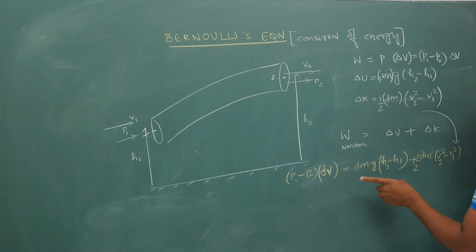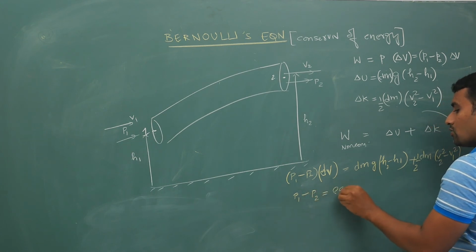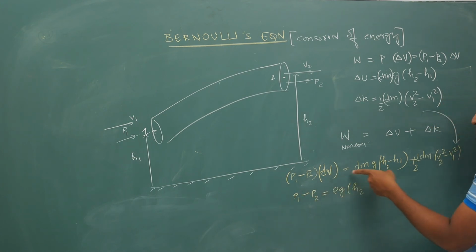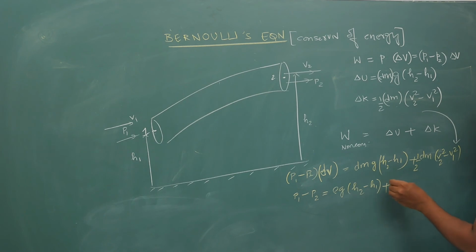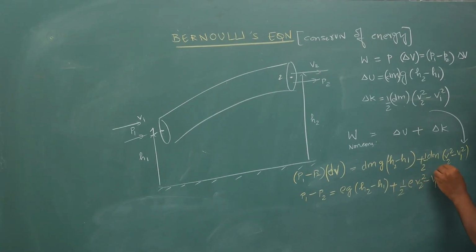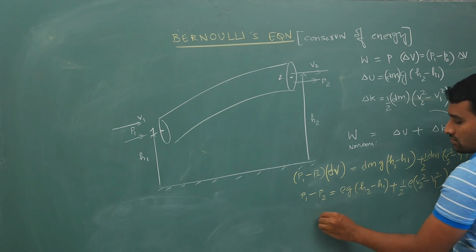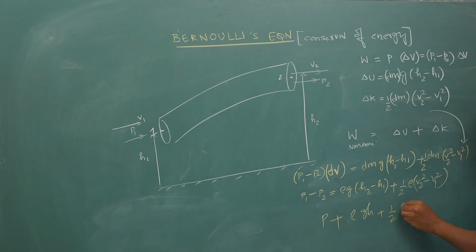Bring dV to this side: P1 minus P2 is rho g into h2 minus h1, since dm by dV is density, plus half rho into v2 square minus v1 square. Rearranging, you will get P plus rho g h plus half rho v square equal to constant.